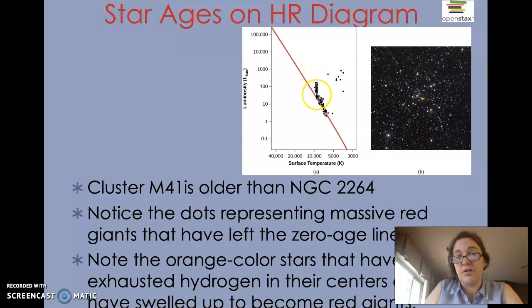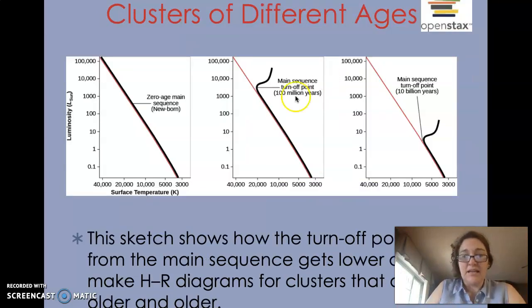So these are stars that are using up the hydrogen in their core, and they are moving up into the red giant phase, and swelling up and getting redder as they do this. And so, zero-age main sequence, and different clusters have different turnoff points.